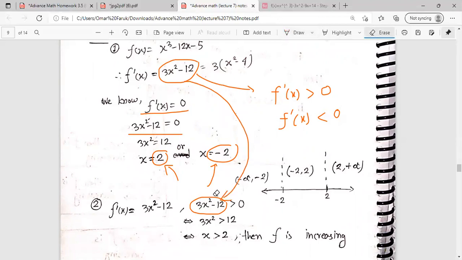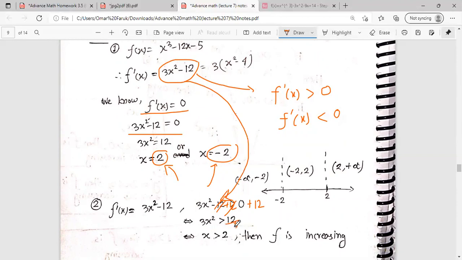And then in our foundation math class, we learned how to solve an inequality, right? So just add 12 on both sides, and this 12 and 12 get cancelled. So you get 3x squared is greater than 12, and divide by 3 on both sides.